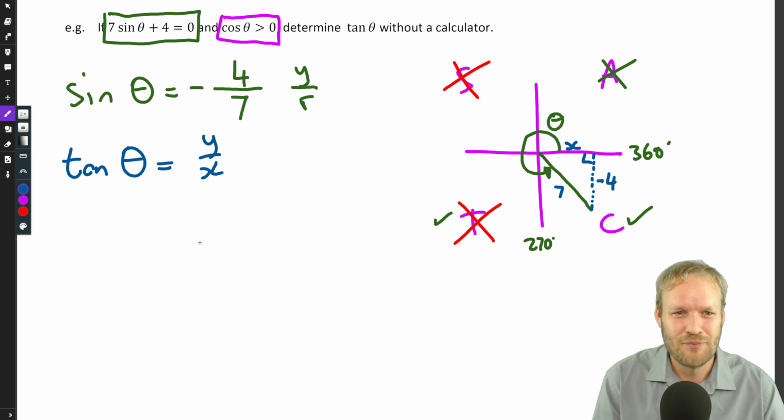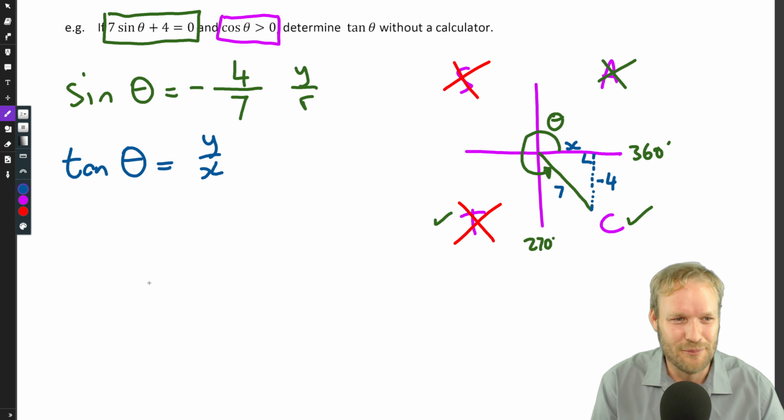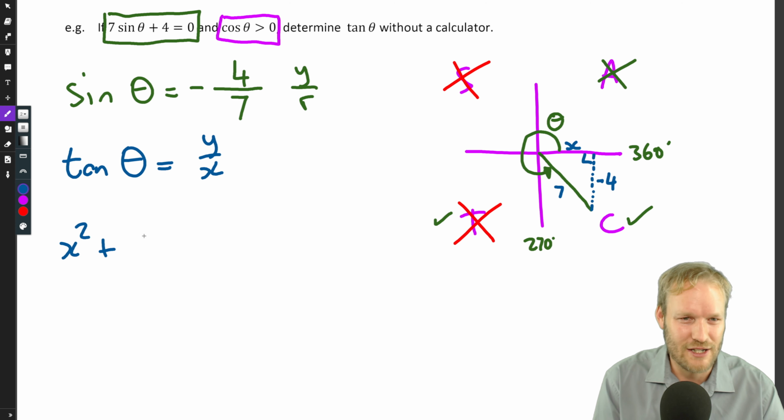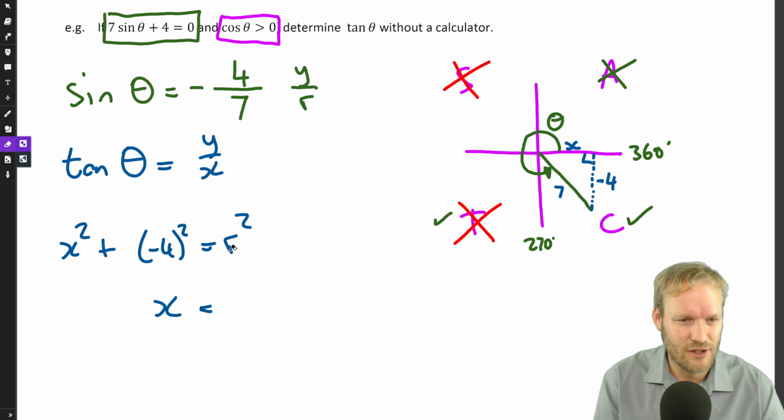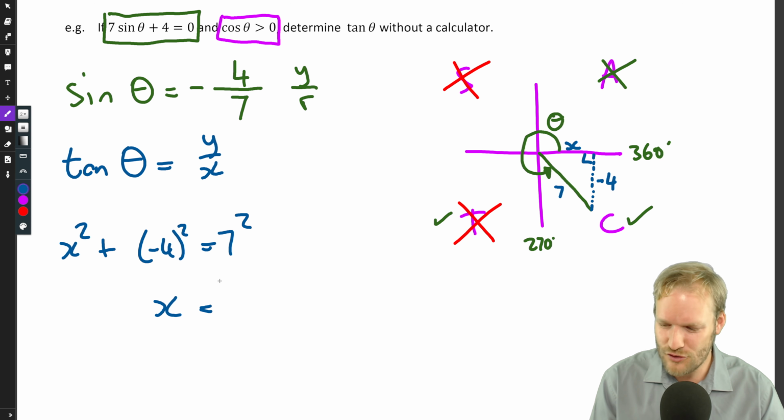So let's honor him with a theorem and say that x squared plus y squared equals r squared. We've already shown in our diagram that x must be positive, so x is just 7 squared minus 4 squared, taking the square root.